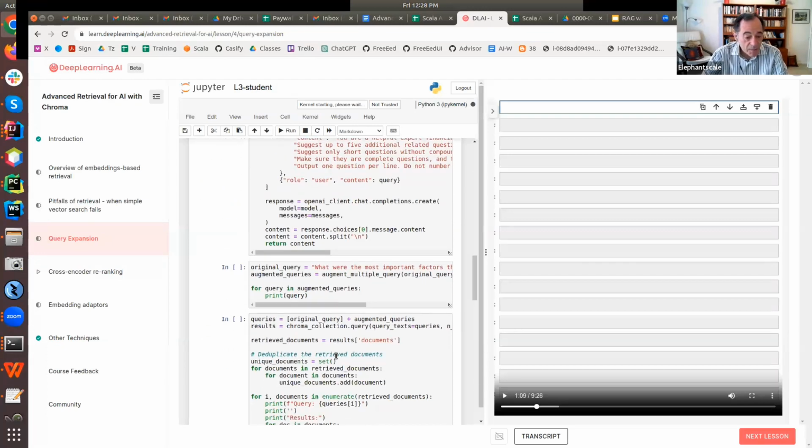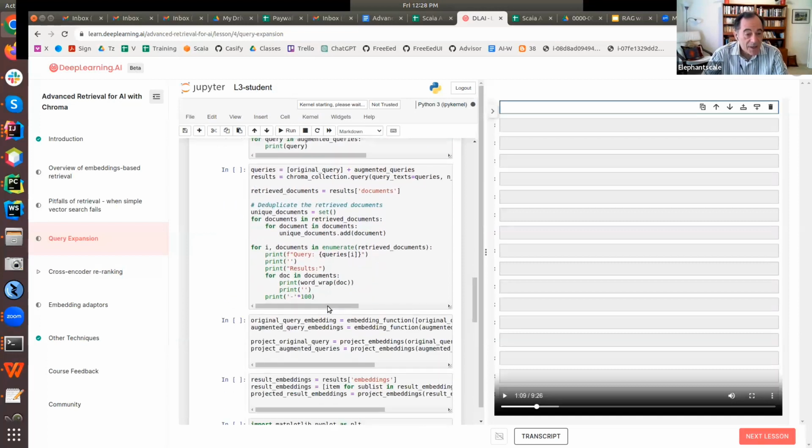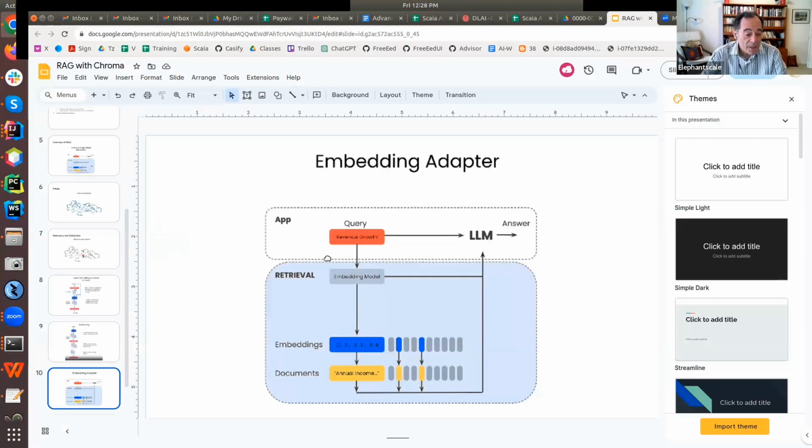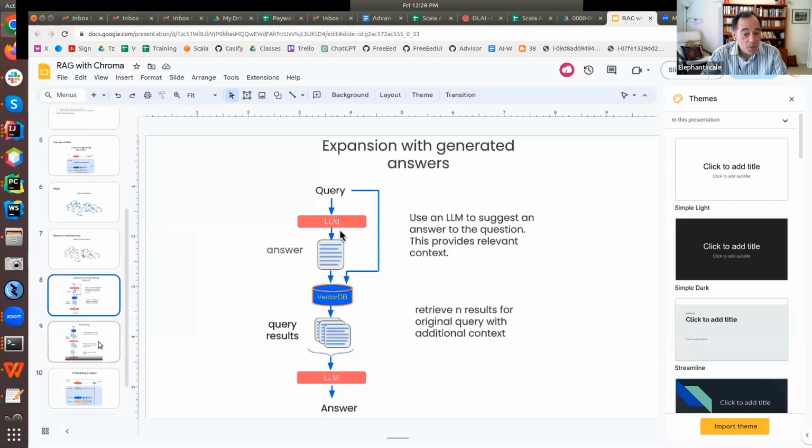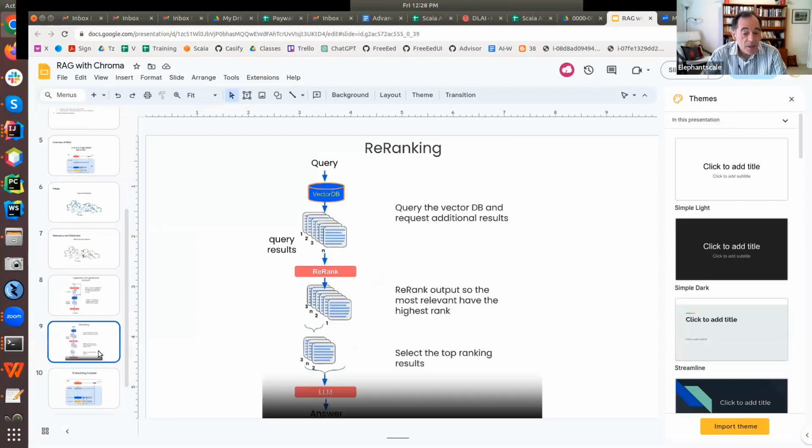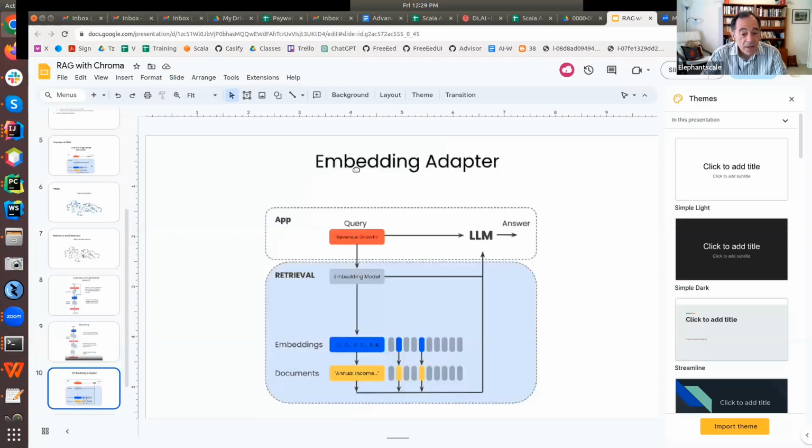No code looks very easy, but that one looks a bit harder than normal. Nevertheless, what we need is to solve the problem, and that is how it is supposedly solved. So embedding adapter, I was kind of apologizing for all this terminology. Expansion with generated answers, now I understand what that means. Re-ranking, ranking, we understand what that means. And finally, embedding adapter. You remember, embedding is a way to take the query and convert it into a vector.